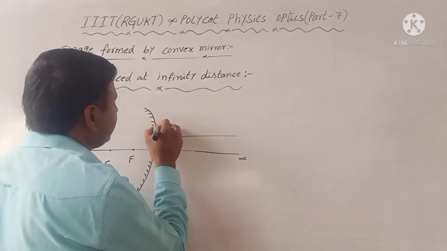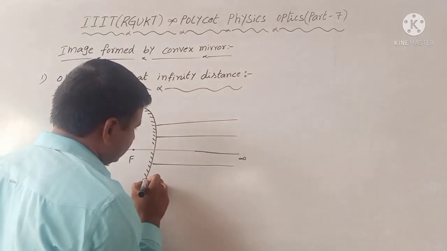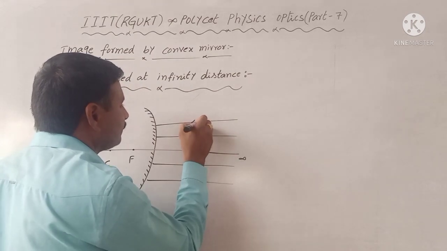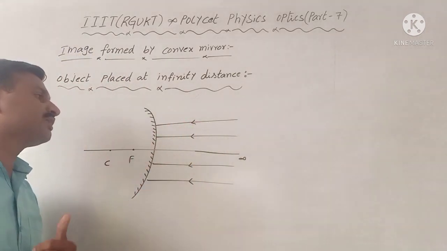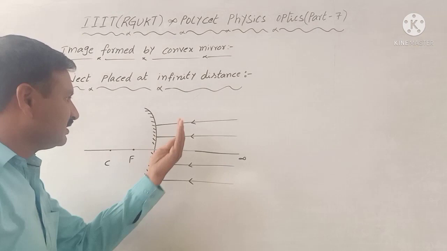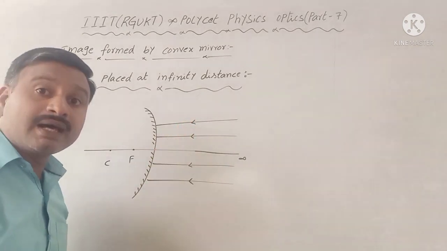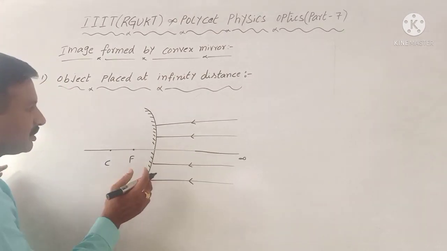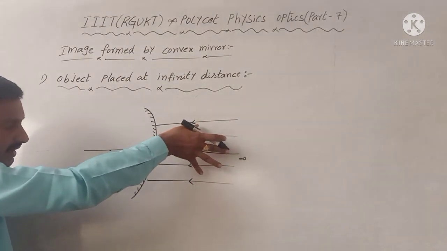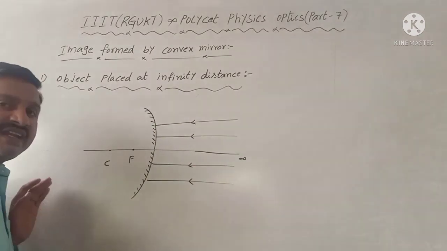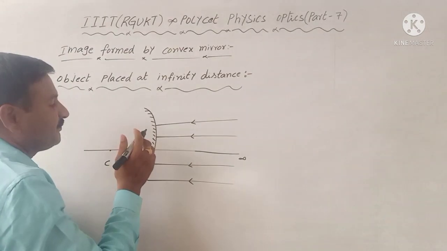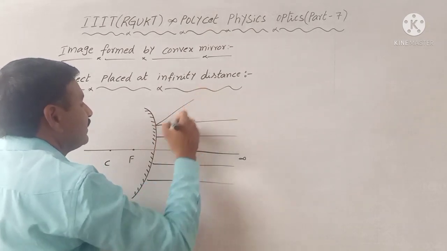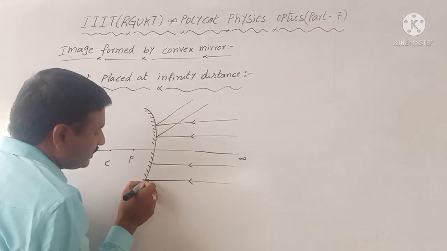So these are the light rays. These light rays are all coming parallel to the principal axis. The arrow mark indicates the light traveling direction. After reflection, is it convergent or divergent?